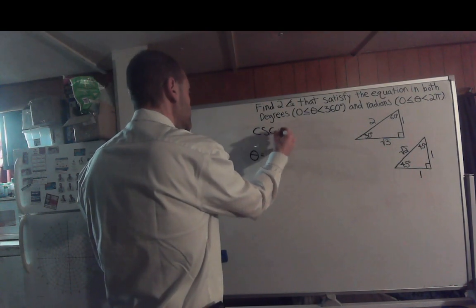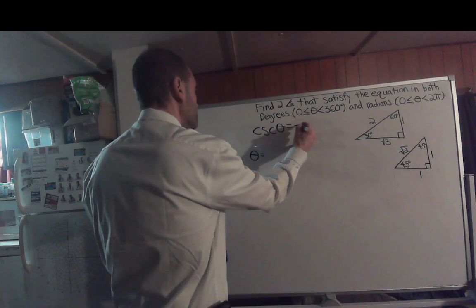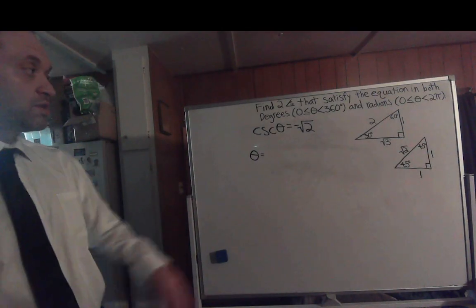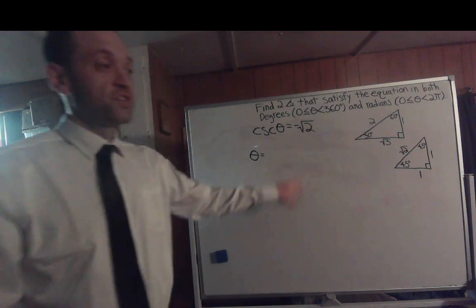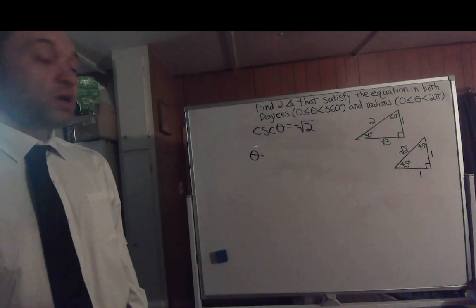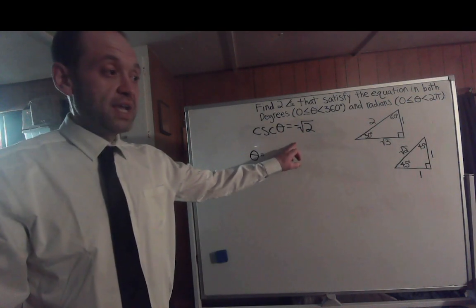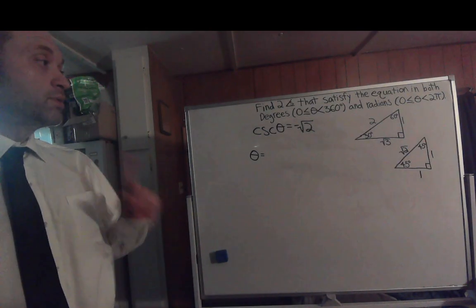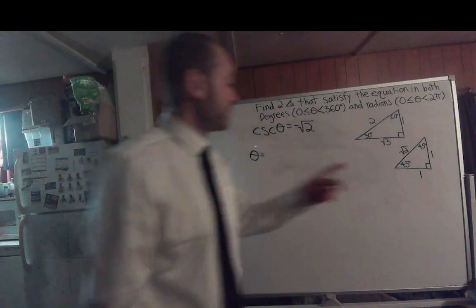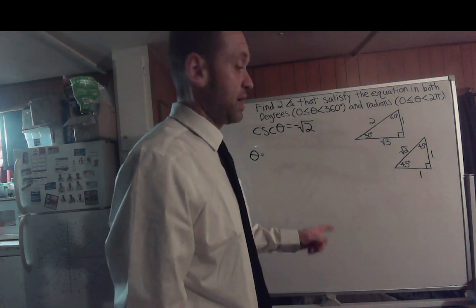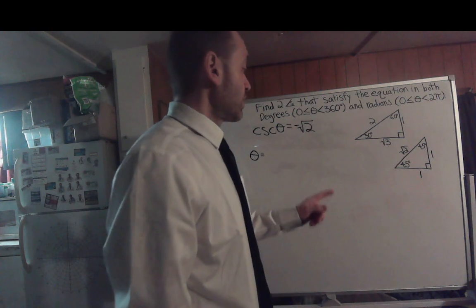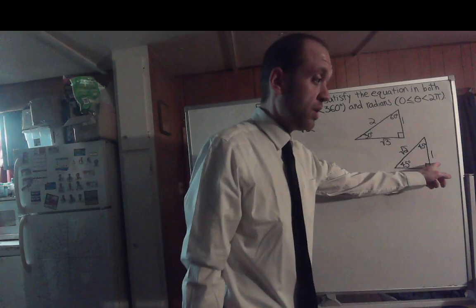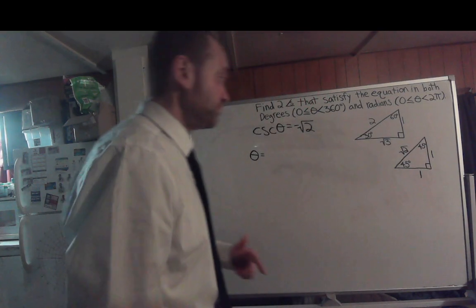Alright, let's see. Cosecant of theta equals -√2. So the cosecant of theta equals -√2. Well, again, your cosecant's going to be negative in the third and fourth quadrants, right? Well, if we look at our 45, 45, 90 triangle, we know the cosecant of 45 is √2 over 1, which is √2.